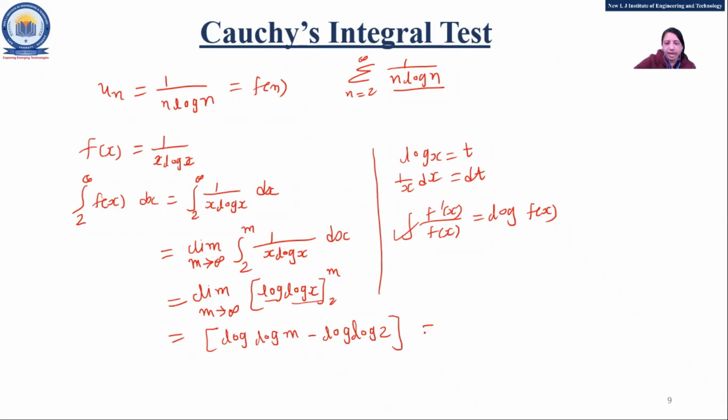Okay, what should be the answer of this now? Limit m tends to infinity, so put infinity instead of m. The answer of this, log of log m minus log of log 2, what should it be? Either it is a finite number or an infinite number.